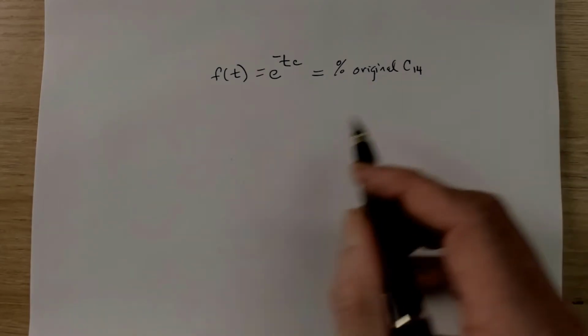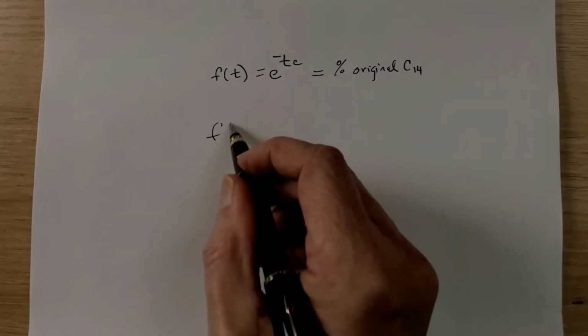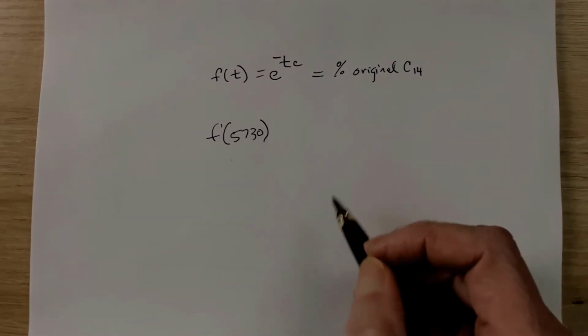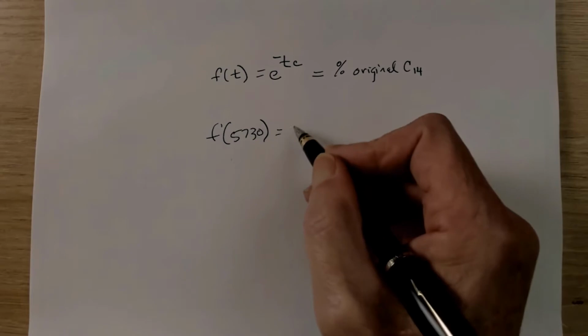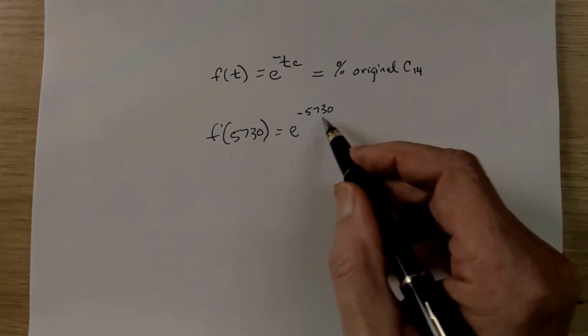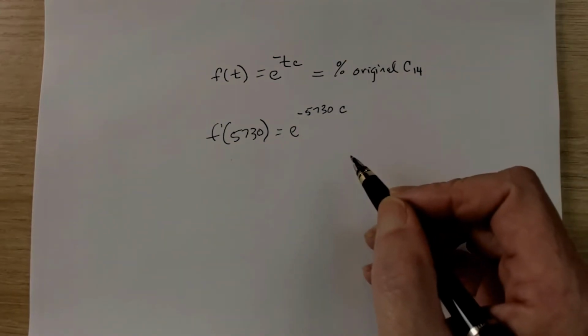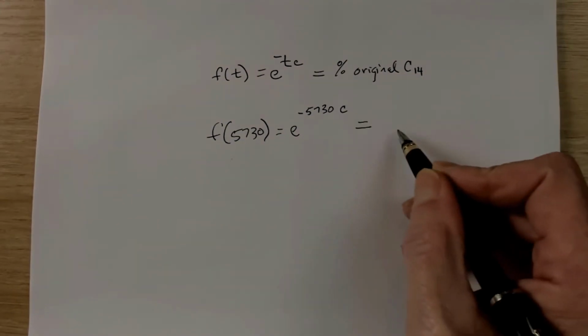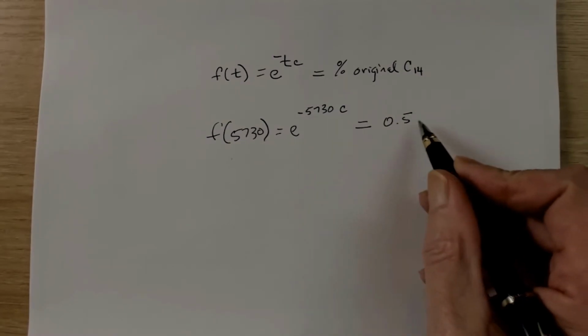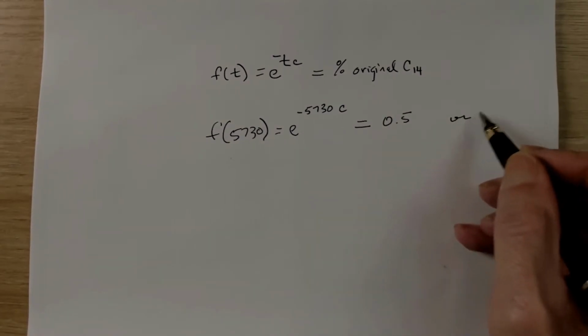So the half-life of carbon-14 is 5,730 years, and that will equal e raised to the negative 5,730 times this constant c, and that will equal 0.5 of the original carbon-14, or 50%.